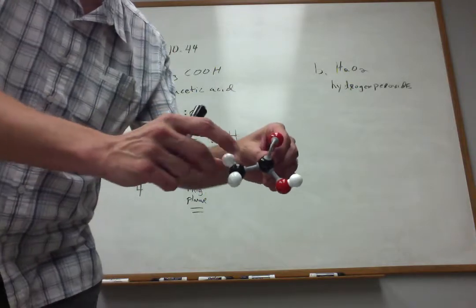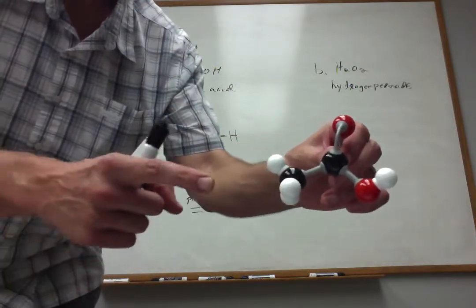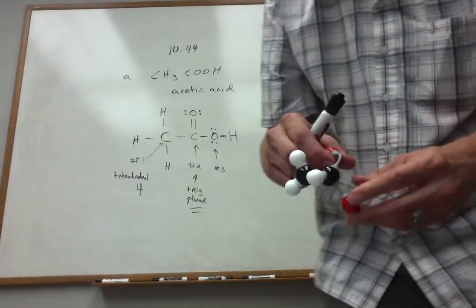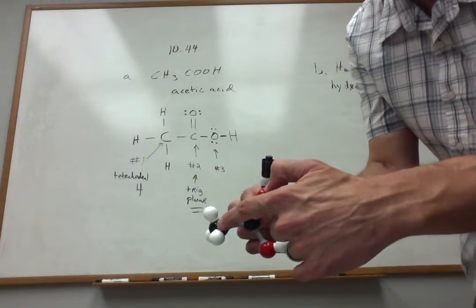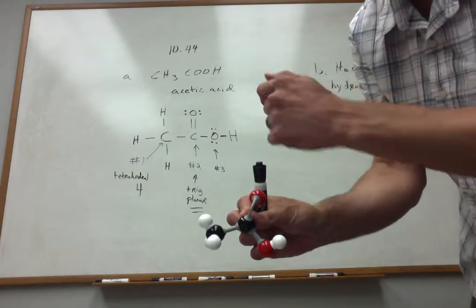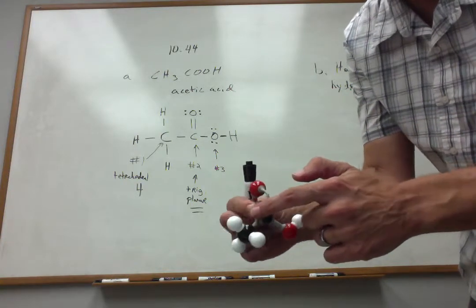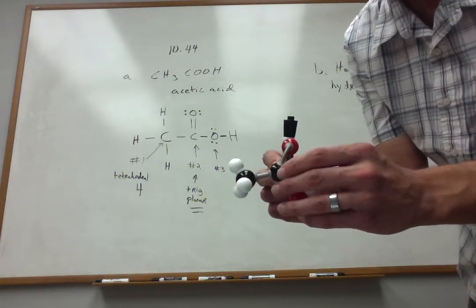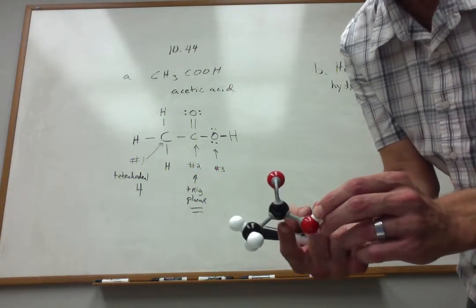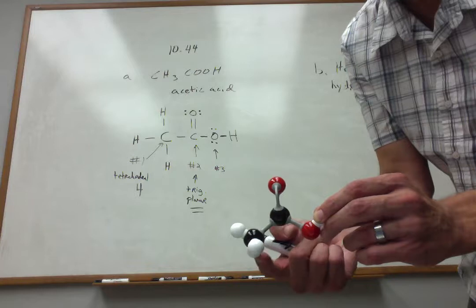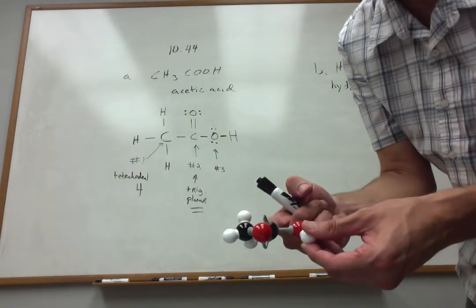So the shape, the molecular shape around this carbon, maybe I should stand on this side, it'll be easier, right? The molecular shape around this carbon, carbon number 1 in my structure here, is tetrahedral, but that's different than the arrangement of atoms around this carbon. This carbon is trigonal planar.